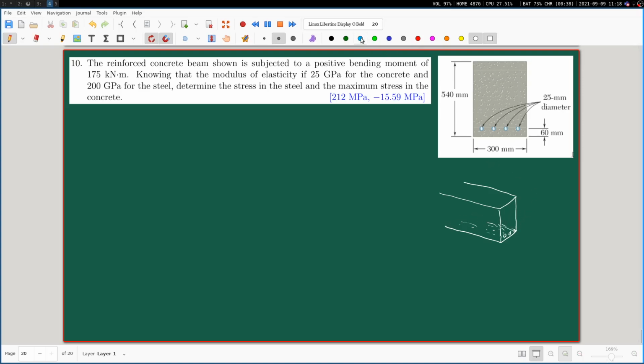Now the moment which is exerted on this is like that. So this beam has a tendency of curving upward, just like in our general theory. So the material which is present near the top surface of the beam, these portions, they will be under compression, while the bottom part will be under tension.